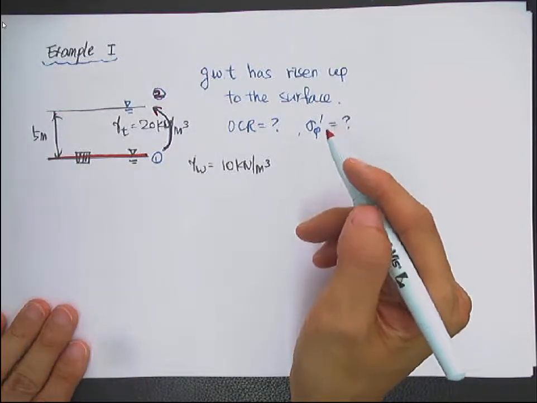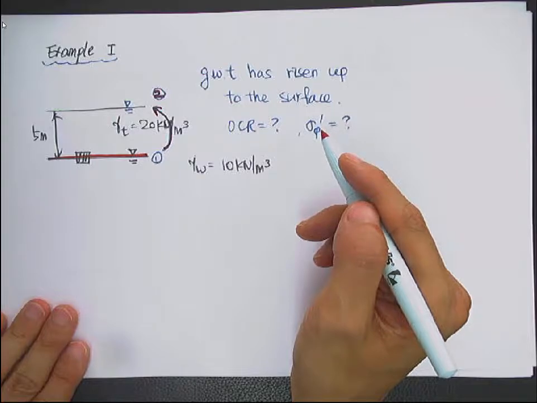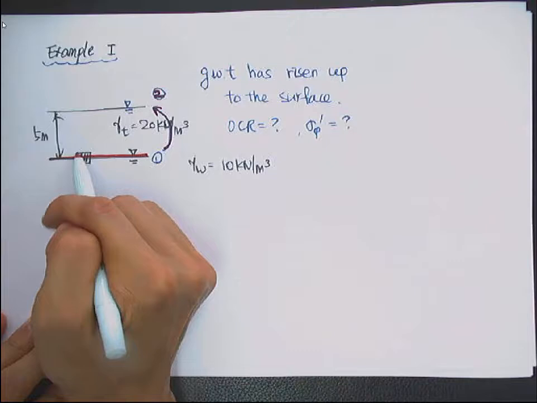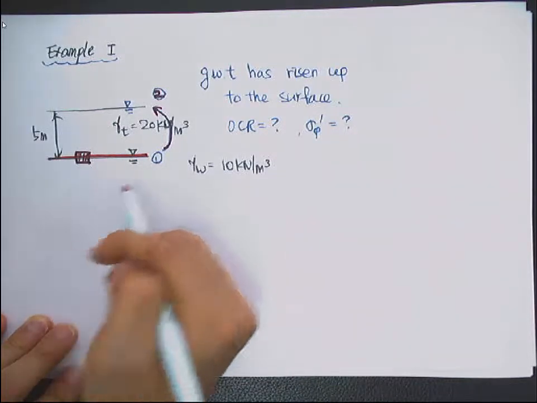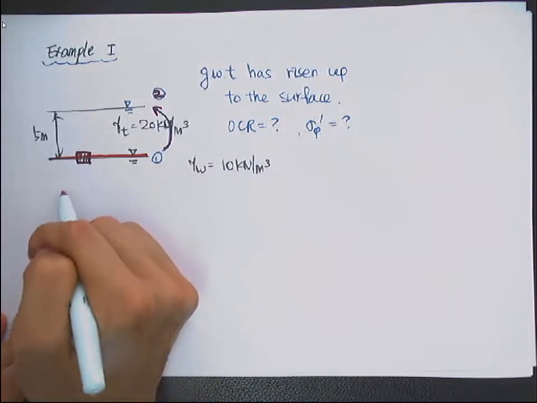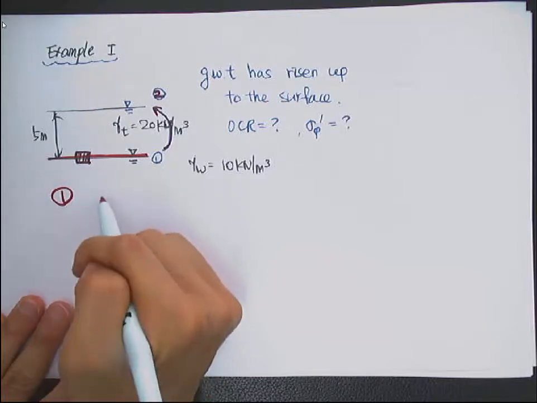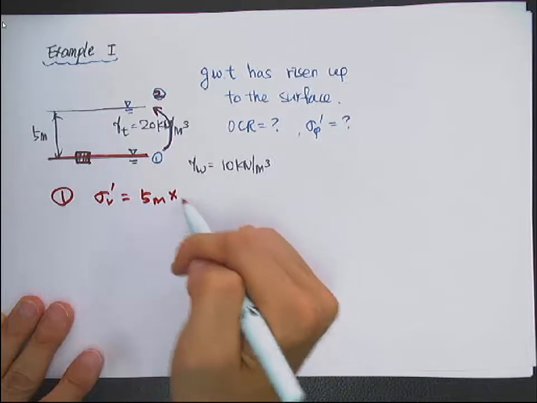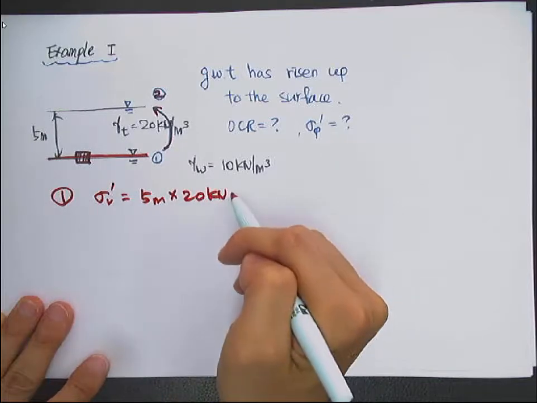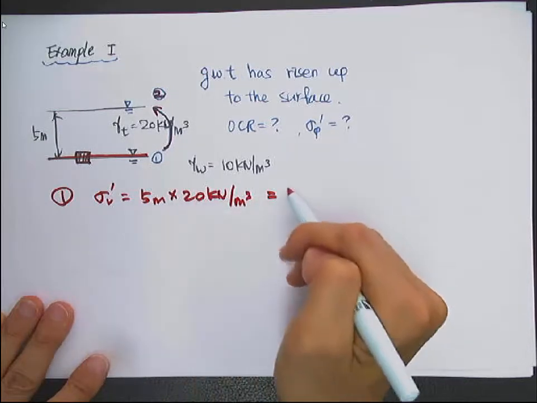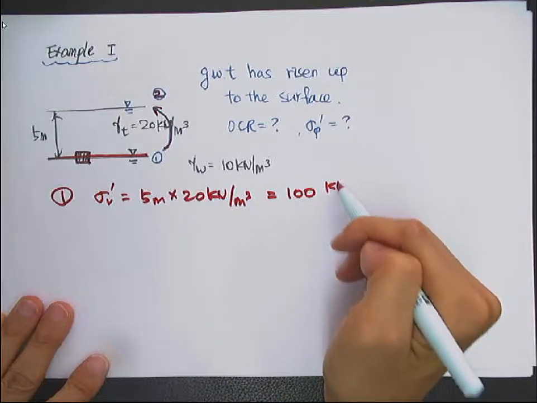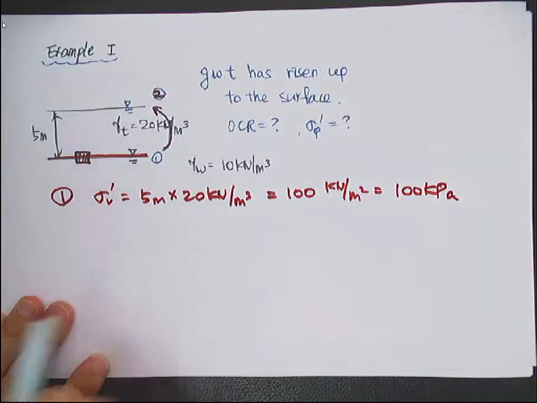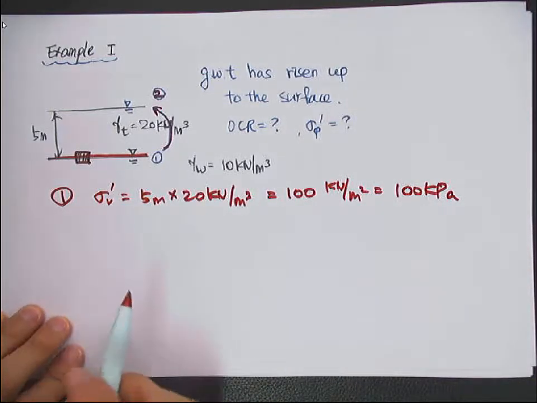So let's calculate the vertical effective stress at 5 meters deep at time 1. Here the vertical effective stress will be 5 meters times 20 kilonewton per cubic meter, so it's 100 kilonewton per square meter. So the vertical effective stress is 100 kilopascal.